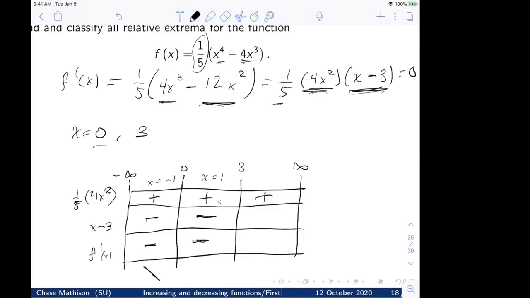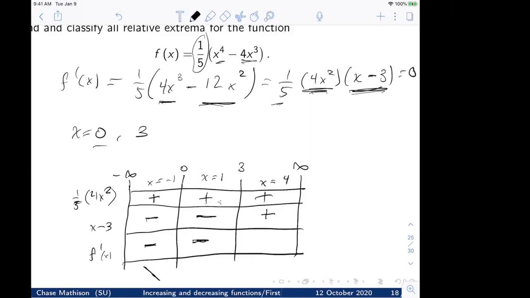All right, and then lastly, what number should I pick here as a test value? x equals 4. Perfect. All right, and so what sign does 4 minus 3 have? Yes, thank you, Saba. It's going to be positive. 4 minus 3 is 1. That's a positive number.